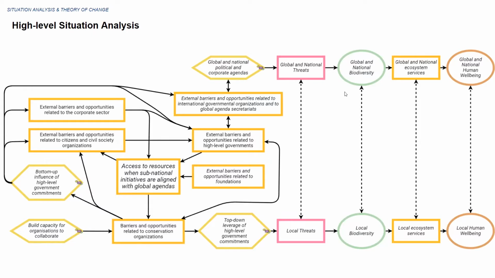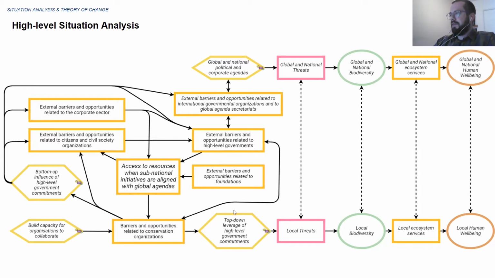Sure. So at a very high level, this is the global scene. This is the local scene at the bottom. Here we have the international organizations. Below we have the high-level governments. We have the conservation organizations, the foundations, civil society, and the corporate sector.